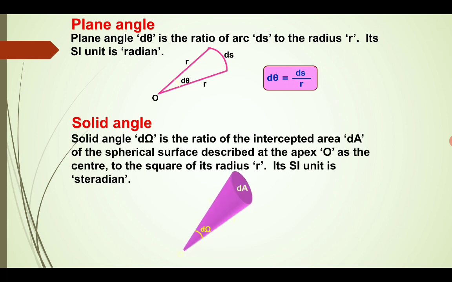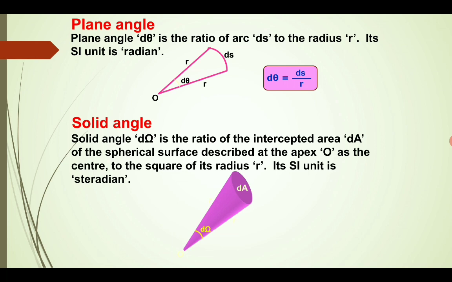We have a figure, and this is a three-dimensional figure. We have a cone instead of a triangle, and d omega is the solid angle for this cone. Now dA is the area of that portion for which we have this solid angle.